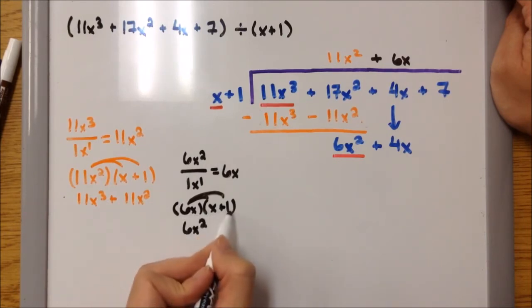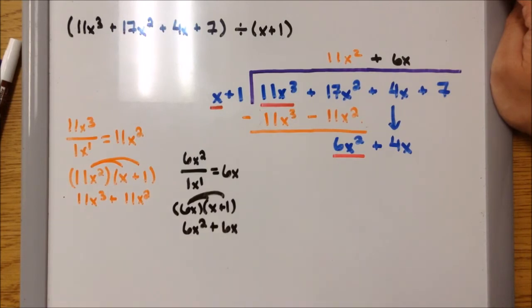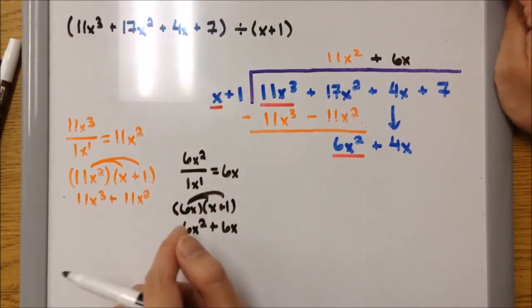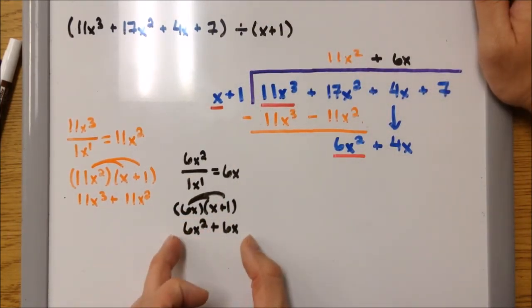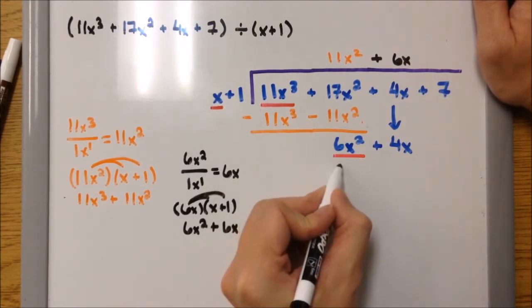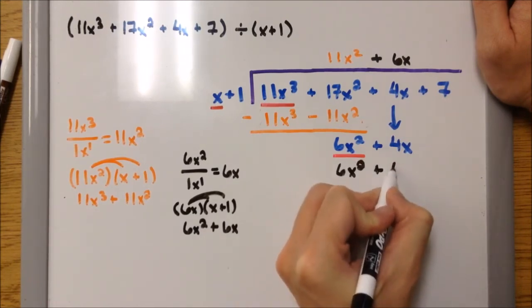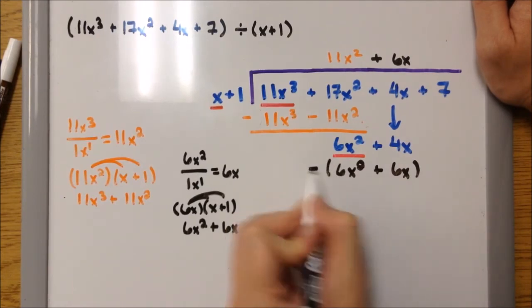And this 6x times plus 1 will be just plus 6x. So again, I multiply the 6x to that x plus 1, and I'm going to put this over here: 6x squared plus 6x, and then parenthesis with the minus outside.